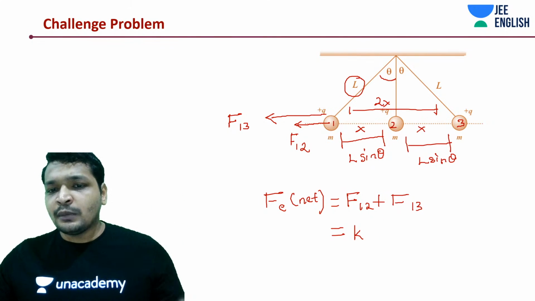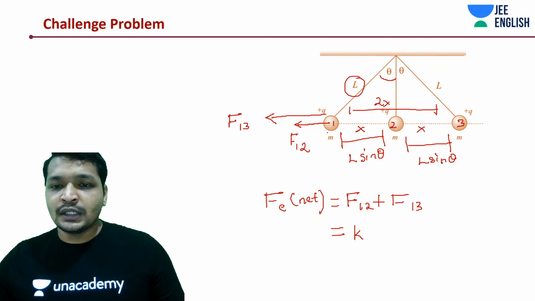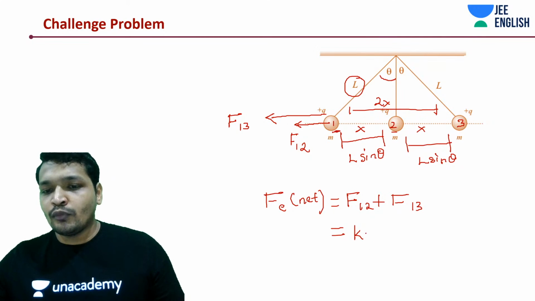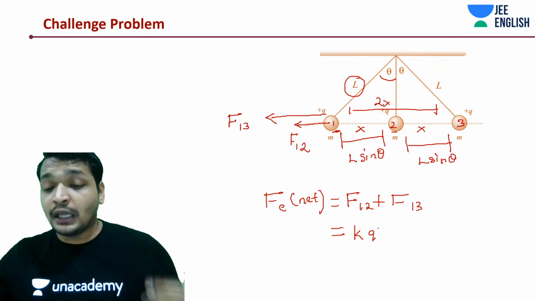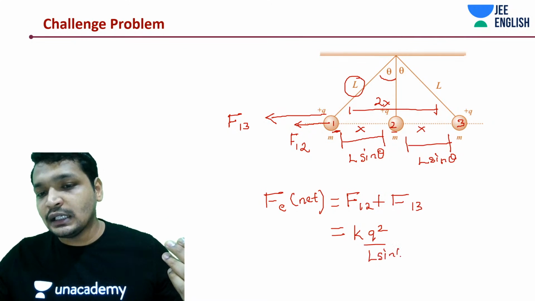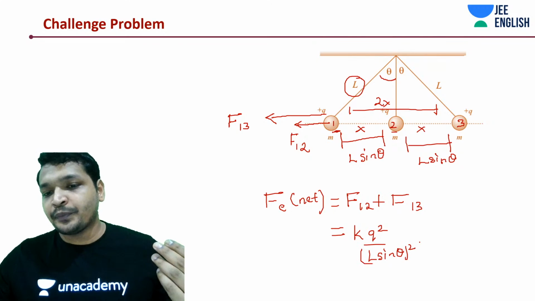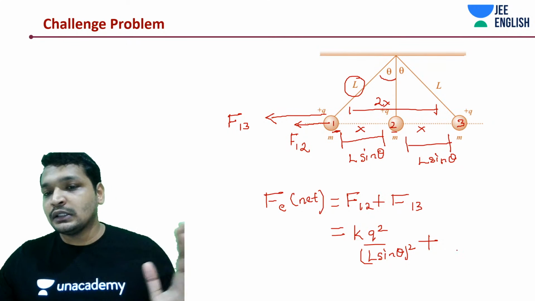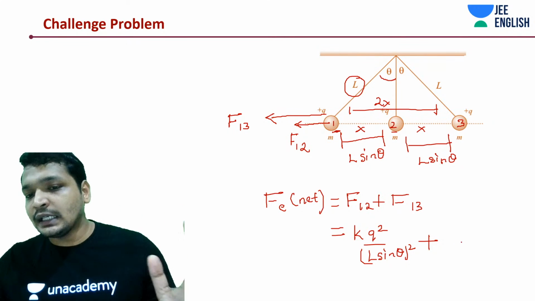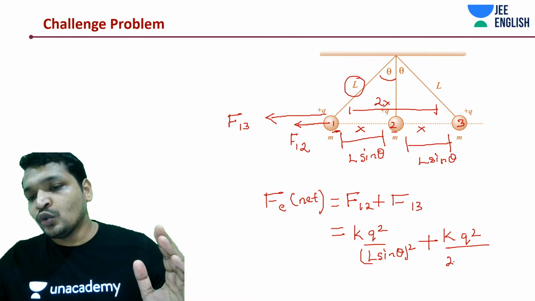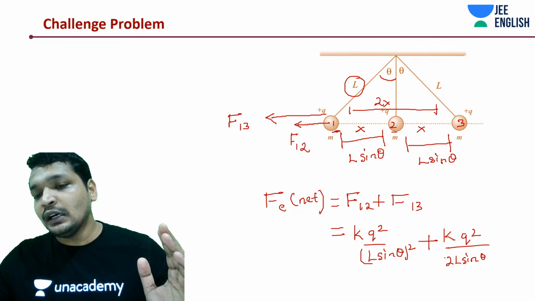So if I'm talking about these two charges, right now 2 and 1, it would be kq square by r square. In this case, it is L sin theta whole square. And F13, that is going to be 2x. So 2L sin theta, same kq square divided by 2L sin theta whole square.